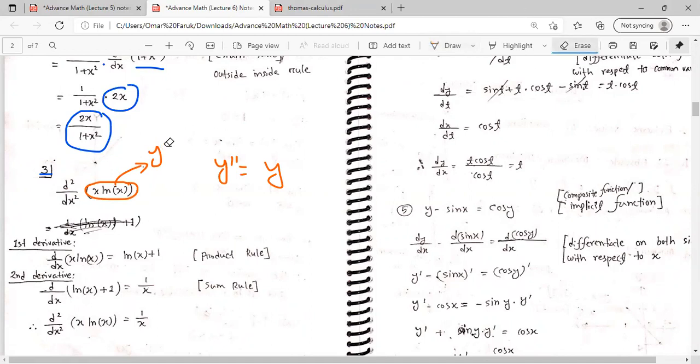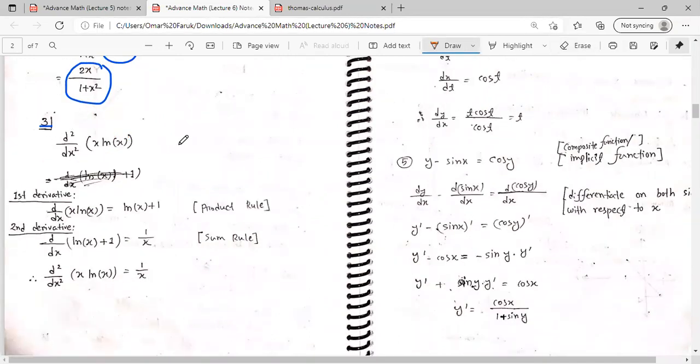So this function is y, and its derivative is y derivative, right? And again we differentiate this y, the derivative of this y. Okay. So the rule, maybe you don't need to know the rule. That is so simple. So this is called second derivative.